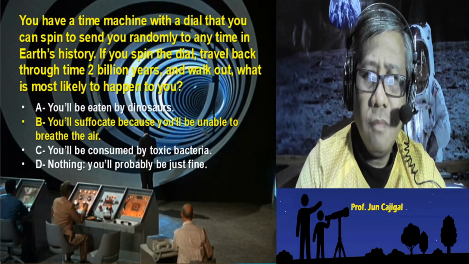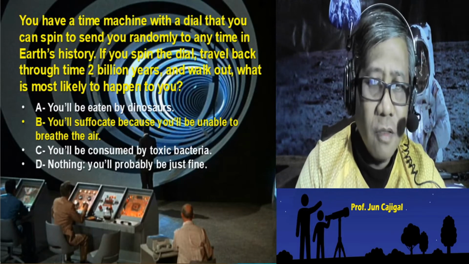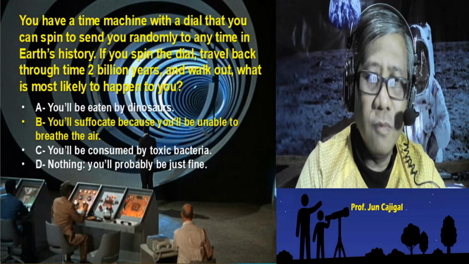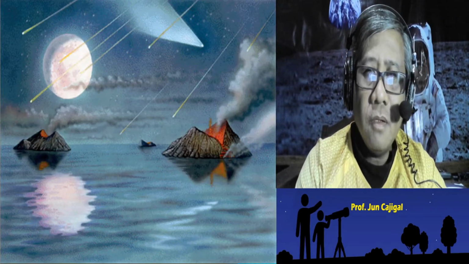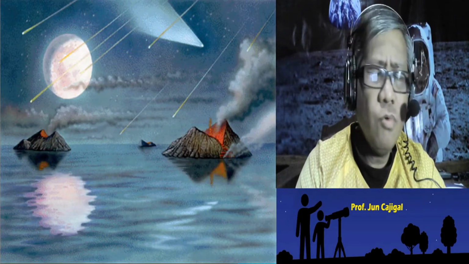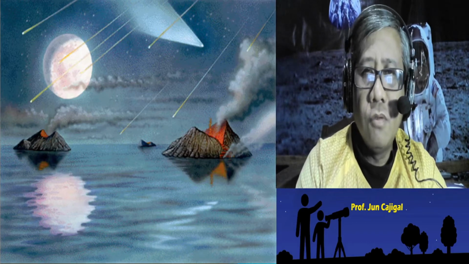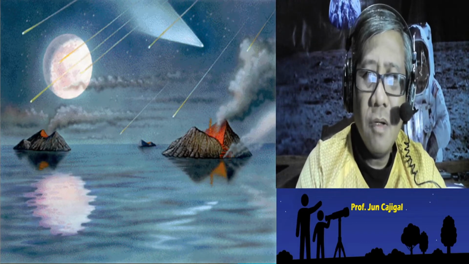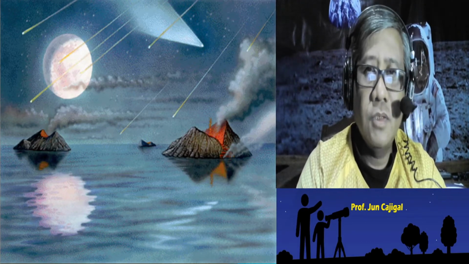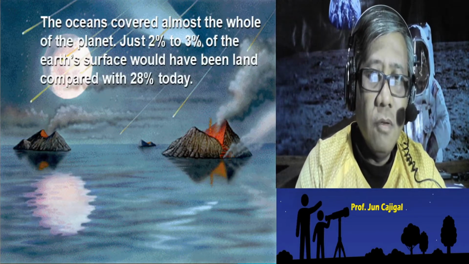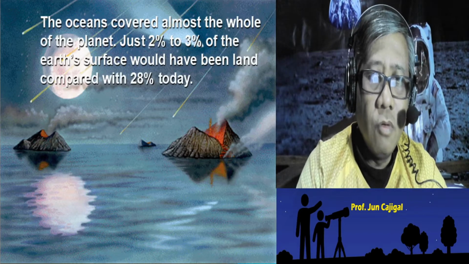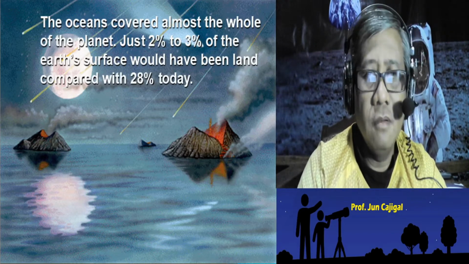Bakit? Ano bang ang Earth natin 2 billion years ago? The planet Earth was totally different 2 billion years ago. Ibang-ibang Earth noon as compared to the Earth today. The oceans covered almost the whole planet.